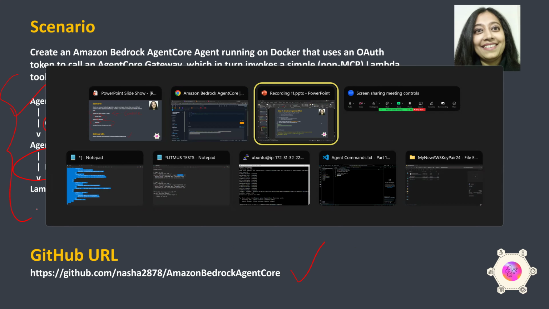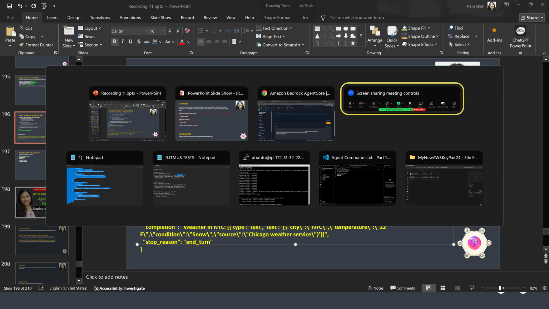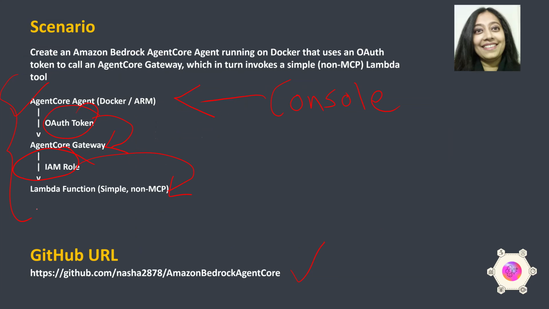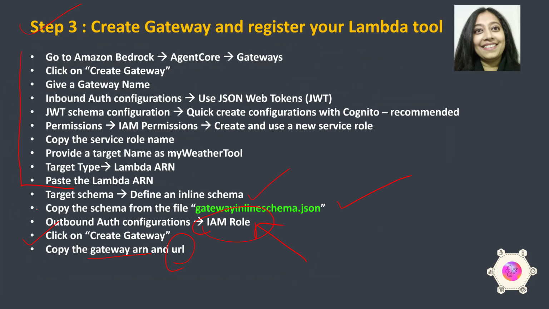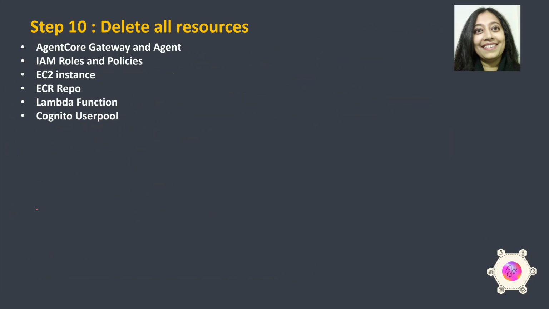So guys, I hope that this lab was helpful. Most importantly, don't forget to delete all your resources. So delete your gateway, your agent, your roles, your policies. Of course, terminate your EC2 instance. Delete your ECR repo, your Lambda function, and your Cognito user pool.